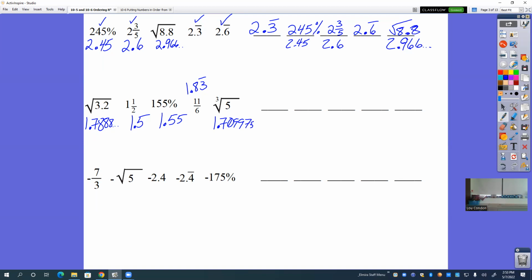Okay, so if we were to put them in order from least to greatest, it would be 1.5, followed by 155%, followed by the cube root of 5, followed by the square root of 3.2, and ending it out with the fraction 11/6 being the biggest number of the group.